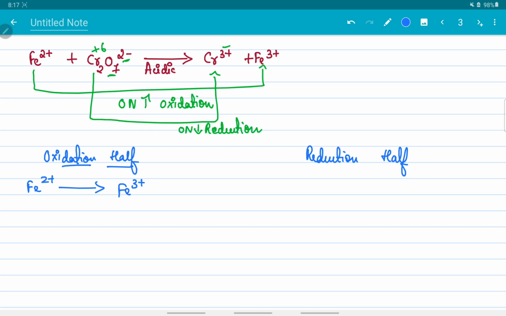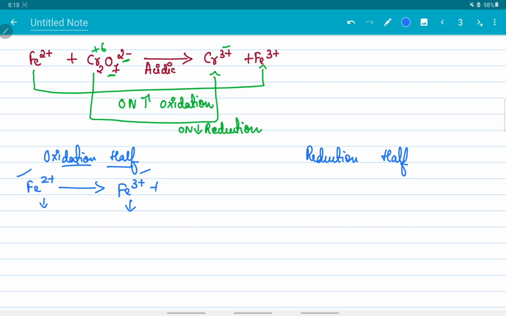Now the next step is to balance the charges. There is a charge difference on both sides. Over here you have a plus 2 charge, meaning it has lost 2 electrons, and this one has lost 3 electrons.